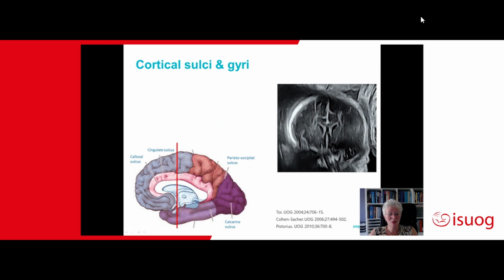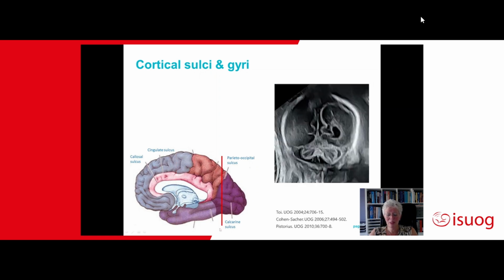If we take this coronal view, we get this image, and then we have here our corpus callosum, and a little bit above our corpus callosum, we have our cingulate sulcus. And then there, of course, the lower one is the callosal sulcus.